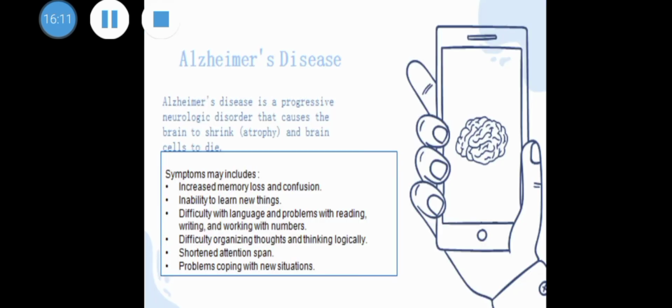So next we have Alzheimer's disease. Alzheimer's disease is a progressive neurologic disorder that causes the brain to shrink and brain cells to die.